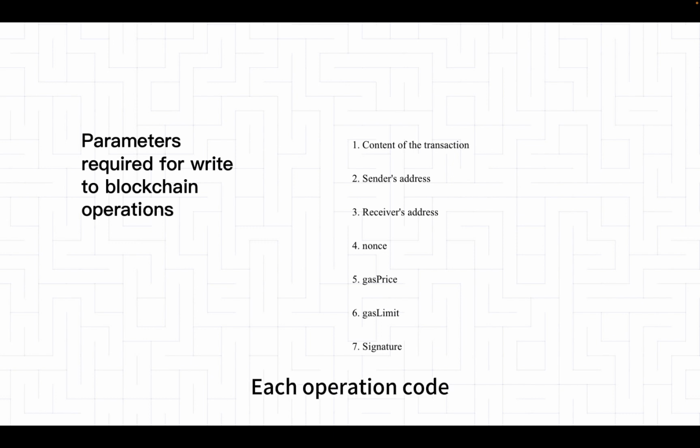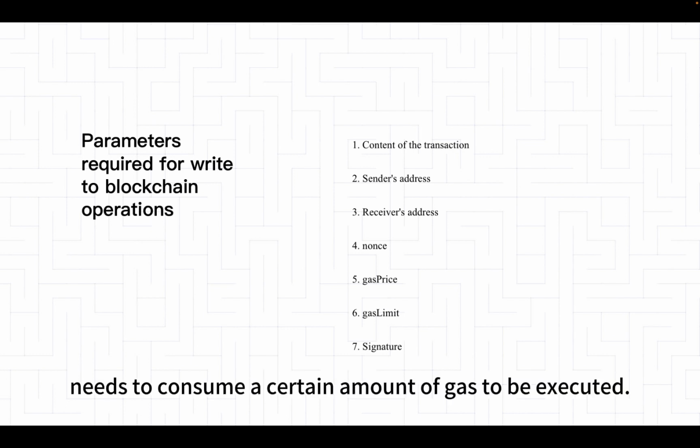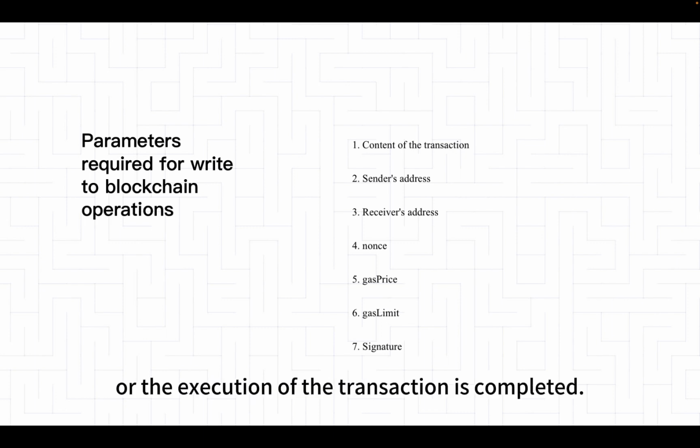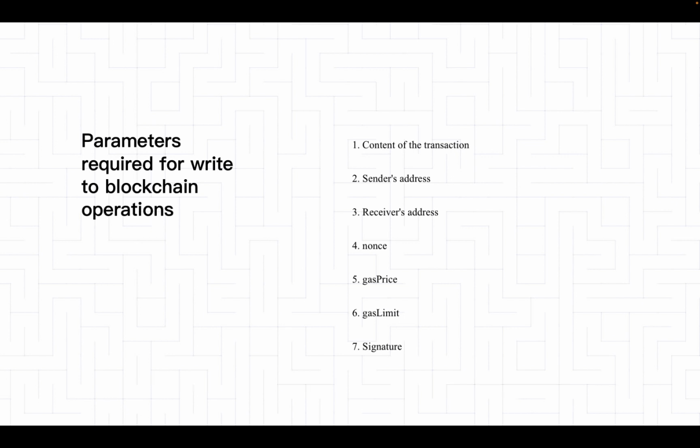Each operation code, for example, addition, subtraction, storage operation, etc., needs to consume a certain amount of gas to be executed. During the execution of a transaction, the gas consumption of each operation will be recorded until the gas limit reaches the upper limit of the transaction, or the execution of the transaction is completed.